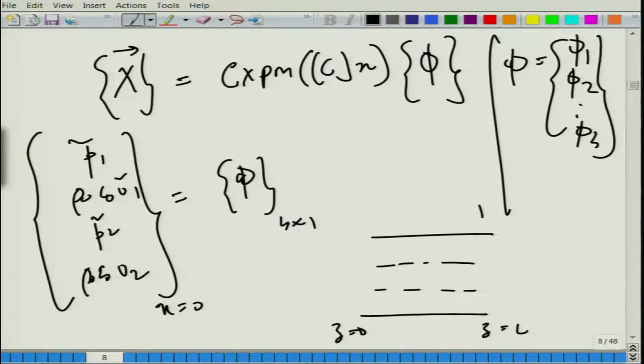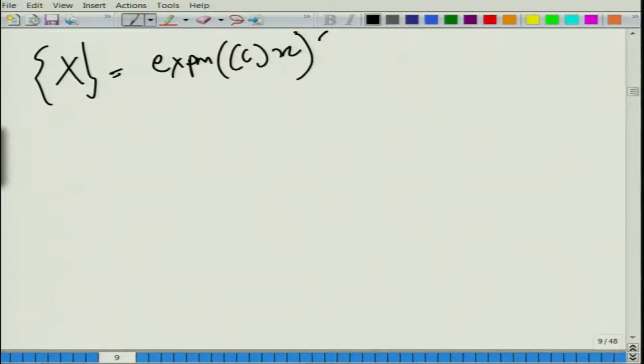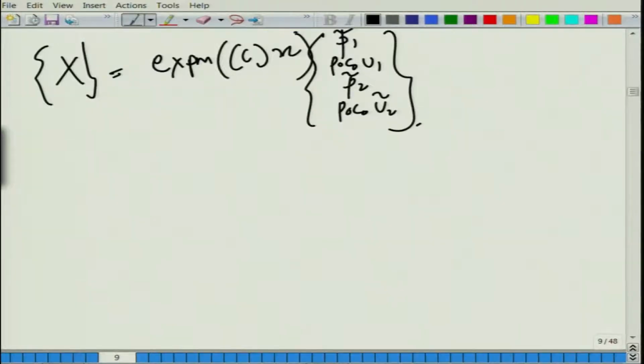So this constant can be your state vector at x equal to 0. Then at x equal to L, we have expm of the C matrix times L, times P1, rho naught u1, P2, rho naught u2 at x equal to 0.